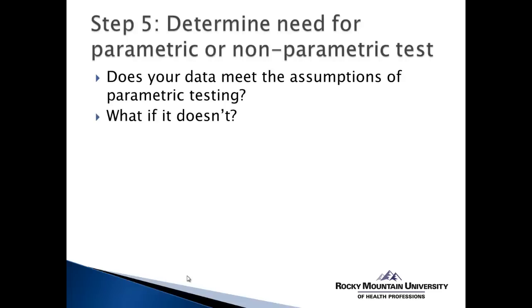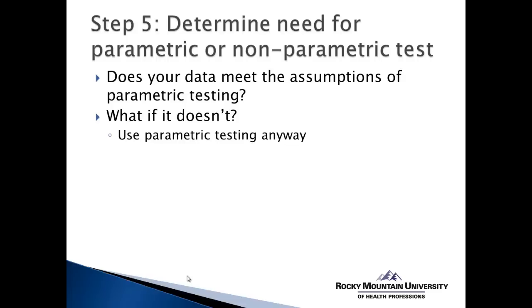So if it doesn't meet the assumptions of parametric statistics, what do we do? We actually have a few options. The first is to use parametric testing anyway, even if we violated some of the assumptions of parametric statistics. And when we do that, we hope that it doesn't seriously invalidate or contaminate your results.